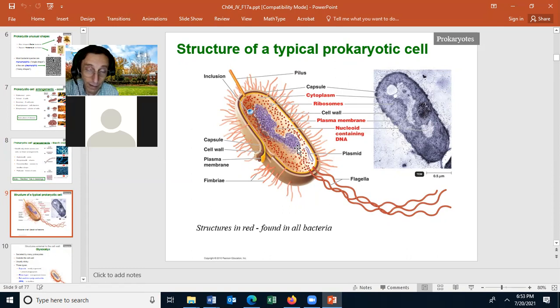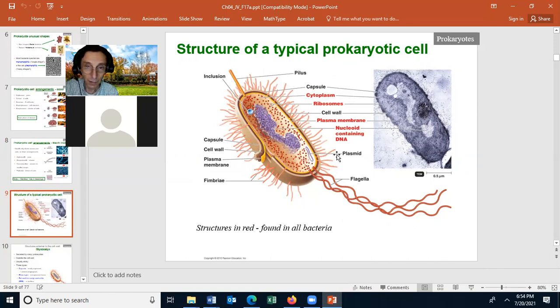So I guess the point is the nucleoid region can move around. It's wherever the DNA floats in the cytoplasm. And usually the DNA is in solution in the cytoplasm. Any question about that? All right. If not, let's move on to the next slide.